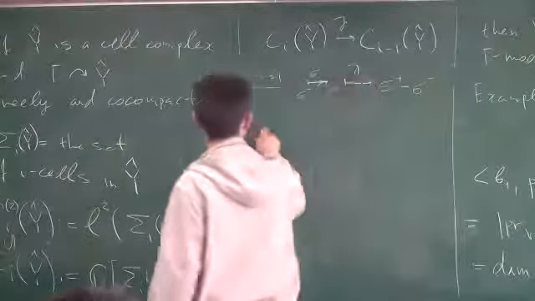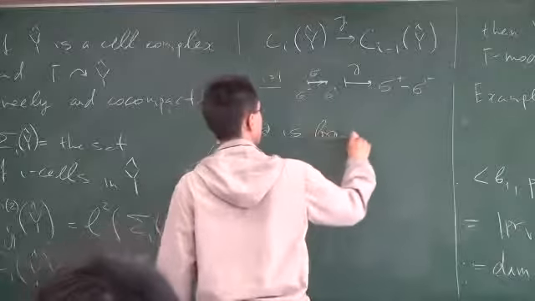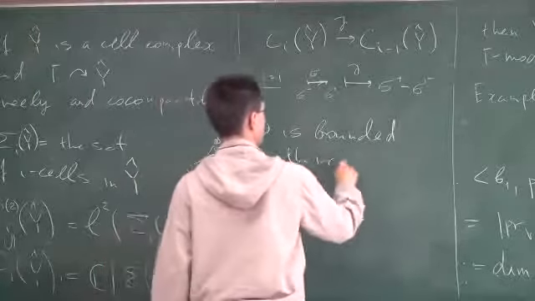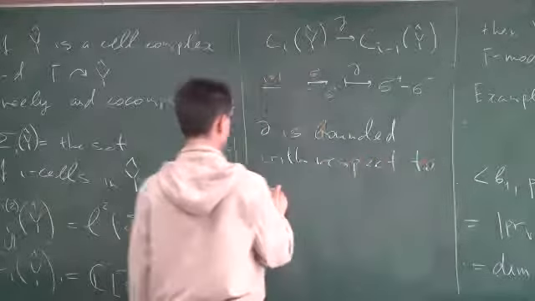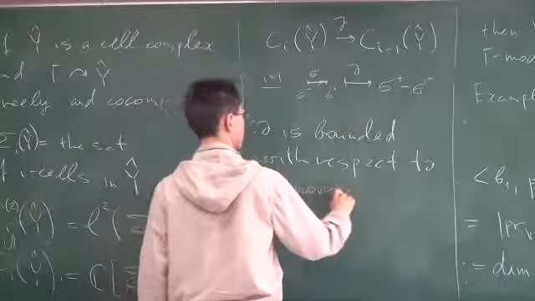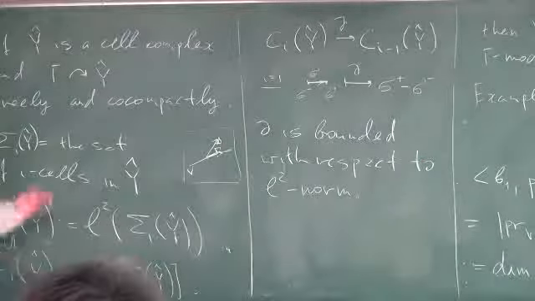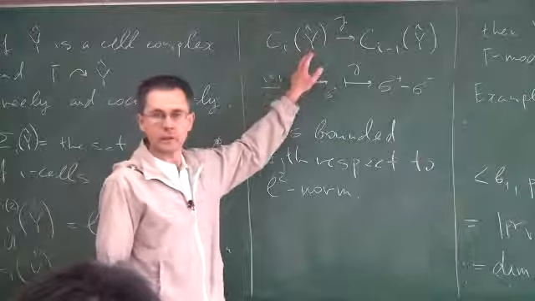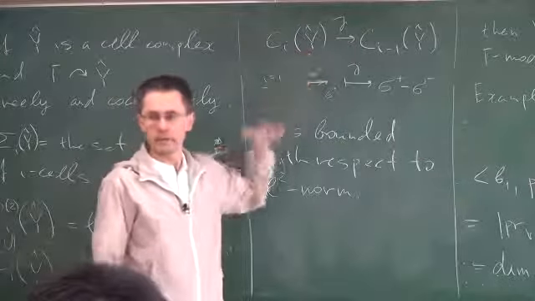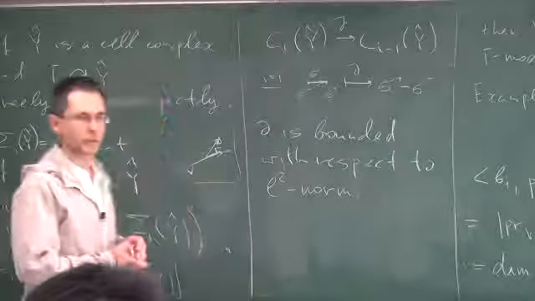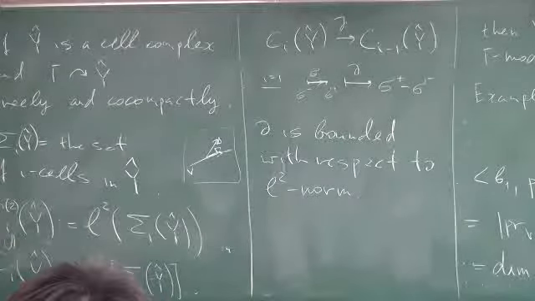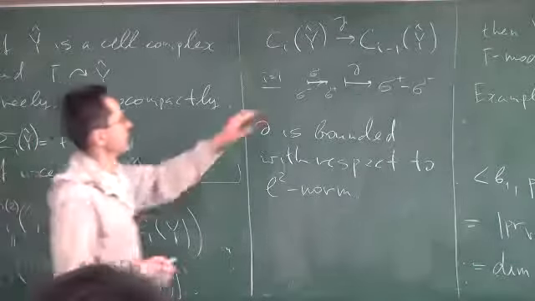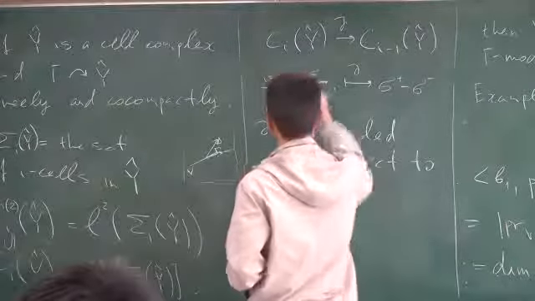Then you check that D is bounded with respect to the L2 norm. This is where we use this co-compact action. We use the fact that there are only finitely many Gamma orbits in Y hat for each dimension. So there are only finitely many orbits of edges, and only finitely many orbits of two-dimensional cells.